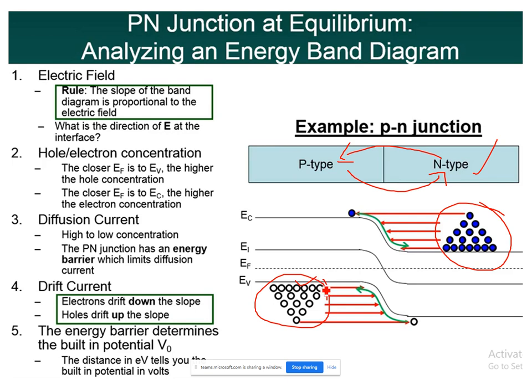So a hole, if it wants to go from p-type to n-type, has to go through this one, right? Or in other words, if I take the minority carrier here, the hole is the minority carrier in n-type, then the hole has to move towards the left-hand side.